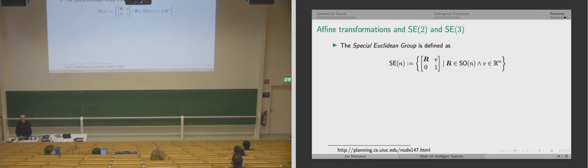The special Euclidean group is basically the group of affine transforms where you're representing your vectors in homogeneous coordinates. If you're in 3D, why is it super important?